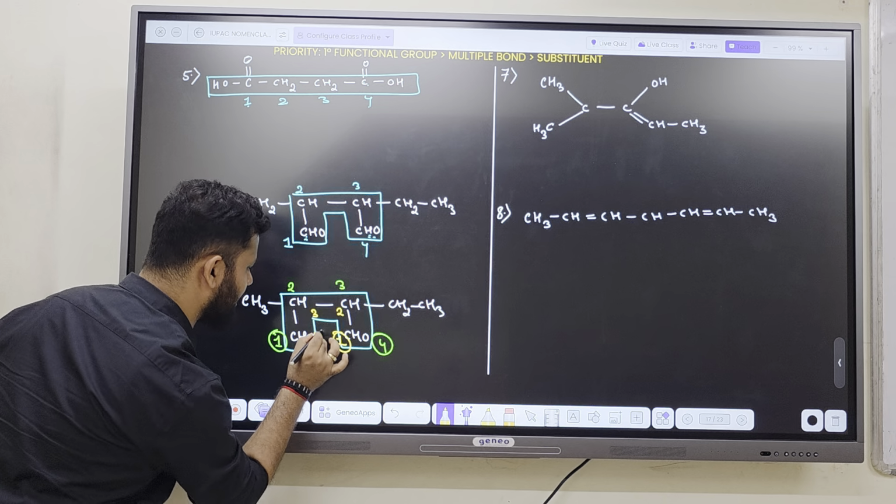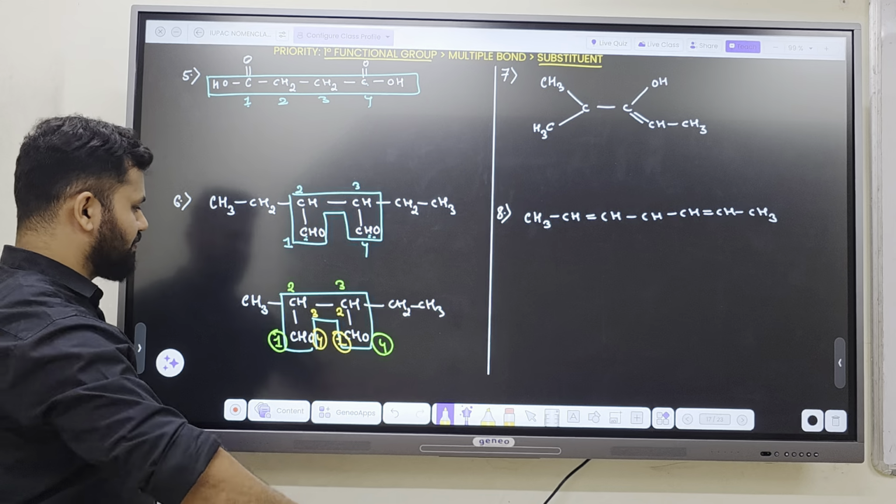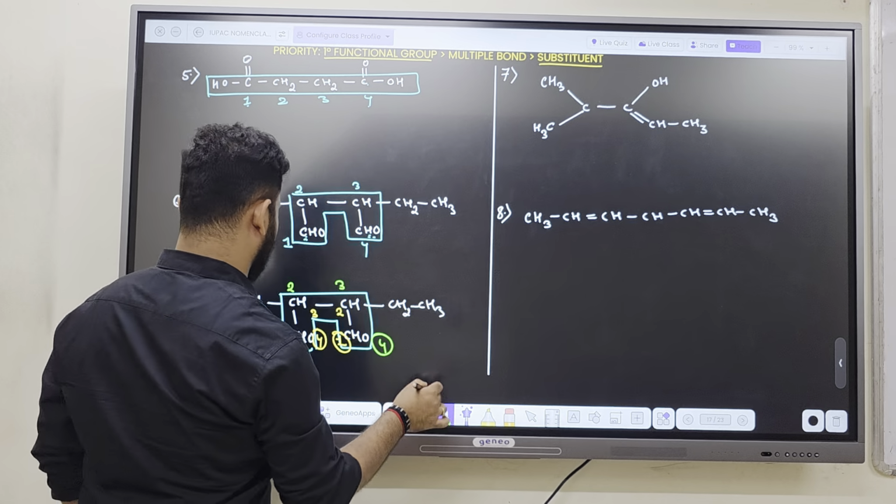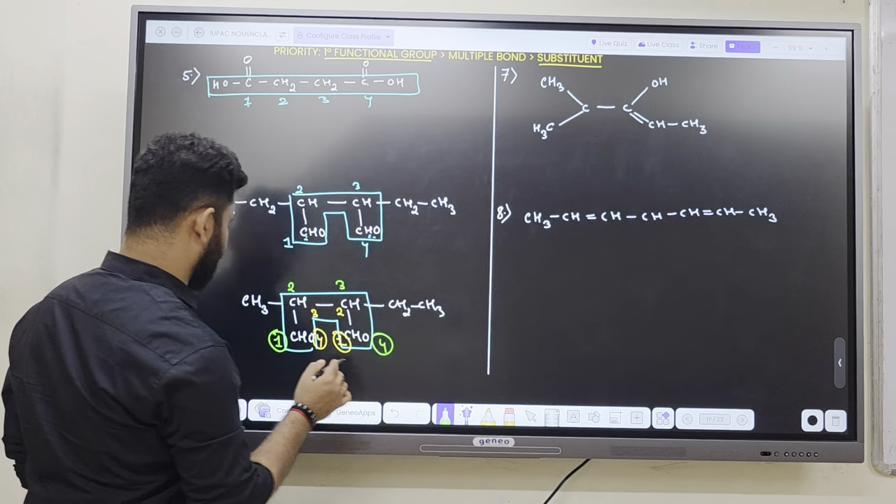I have to see to it that I assign minimum number to the substituents. Well, let us see the green way of numbering. At second position there is methyl, at third position there is ethyl. That means the set of locants is 2, 3.